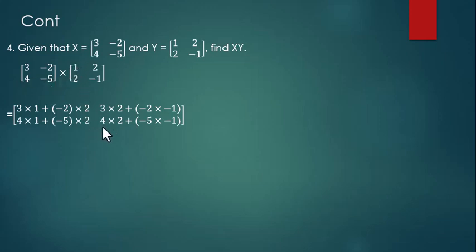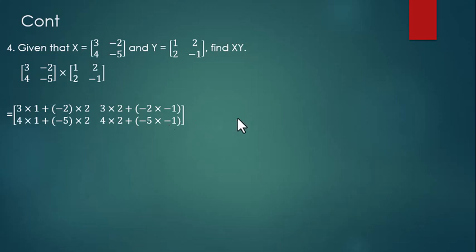Then we multiply our second row by our second column. So we have 4 multiplied by 2 plus negative 5 multiplied by 1 in this particular case.